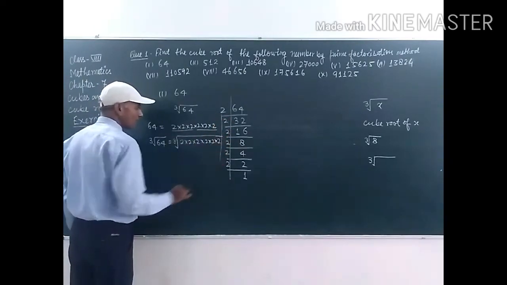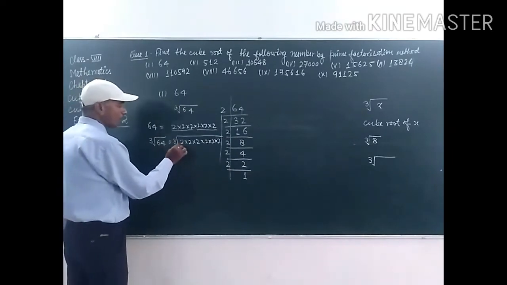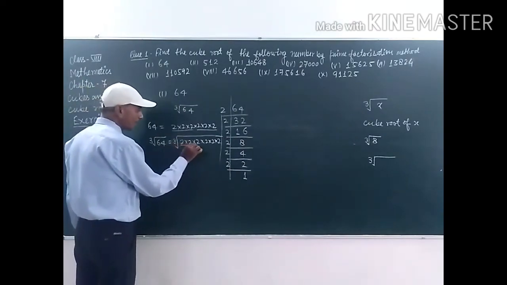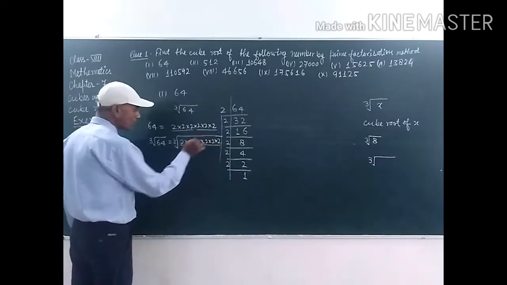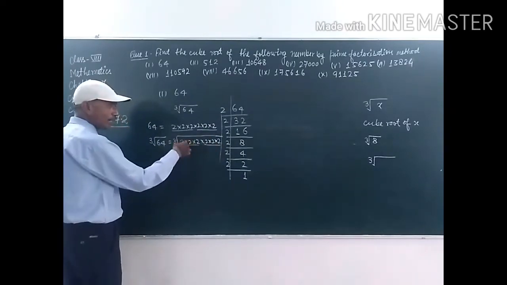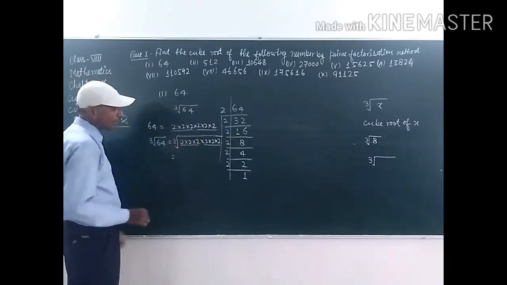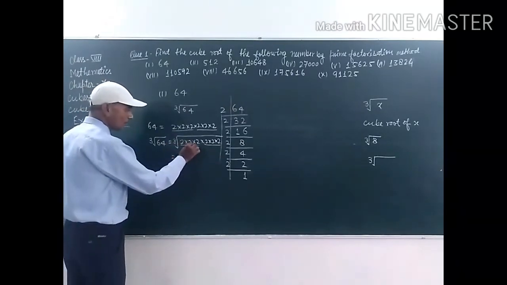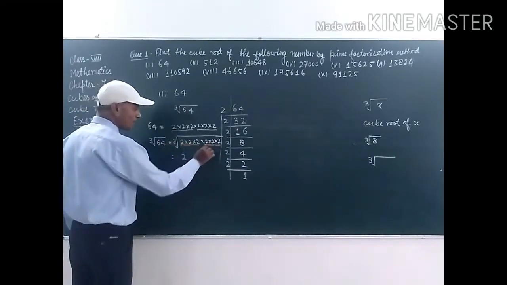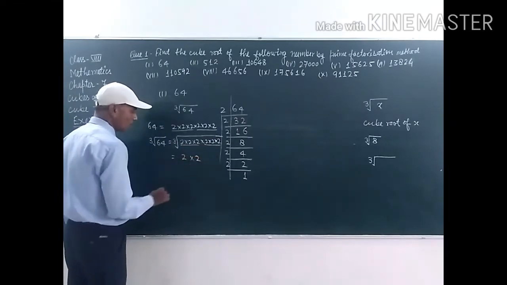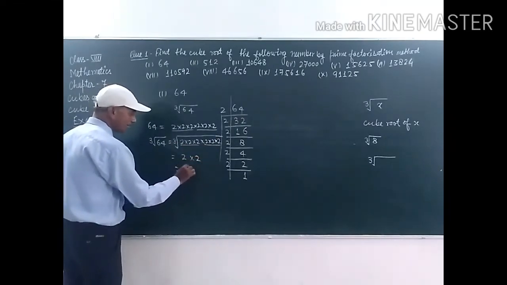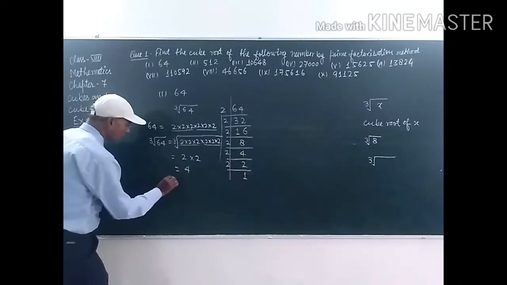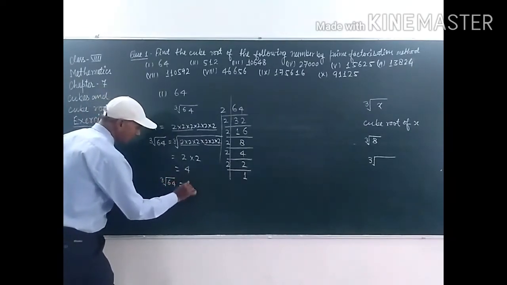Now from each group of 3, we have to choose one number. Clear, student? From each triplet, we have to choose one factor, that is 2 from this group and 2 from this group. So 2 into 2 is 4. So cube root of 64 is equal to 4.